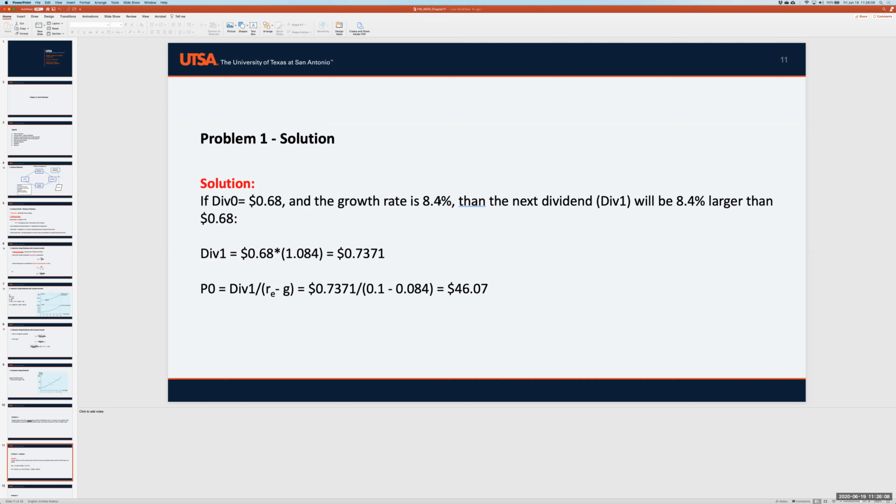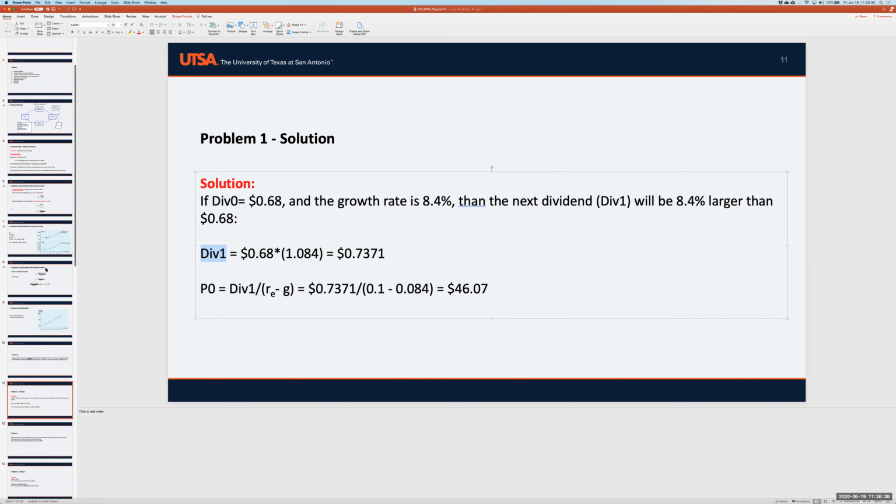You find the dividend payment at time 1 by taking 0.68 multiplied by 1 plus the growth rate. We put this dividend payment for the next year as a numerator and divide by cost of equity minus growth rate. We find 46.07.